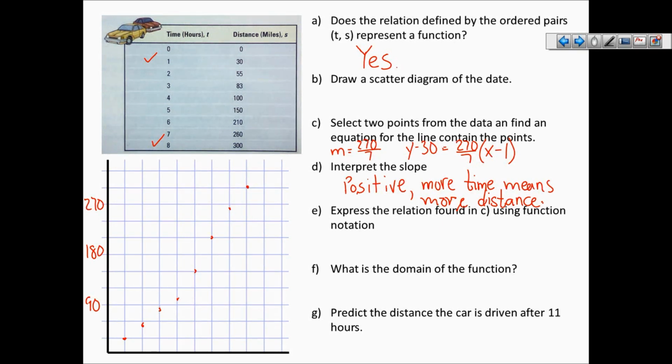Okay, so I didn't change it into slope-intercept form yet. I want to go ahead and do that now and basically solve for that y. So we're going to move the 30 over. We'll be replacing that with an f of x in a little bit.